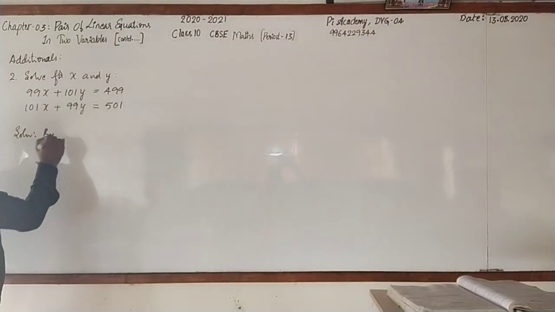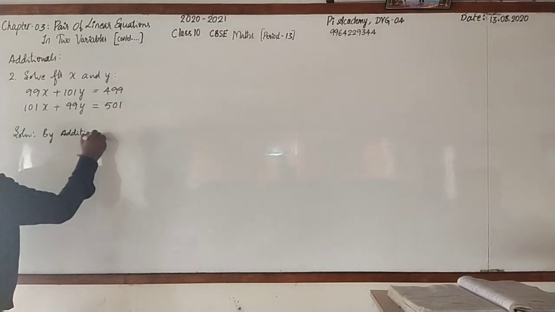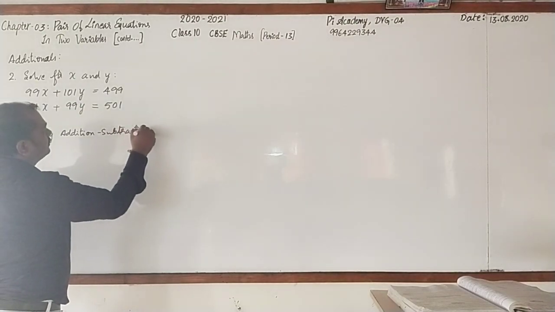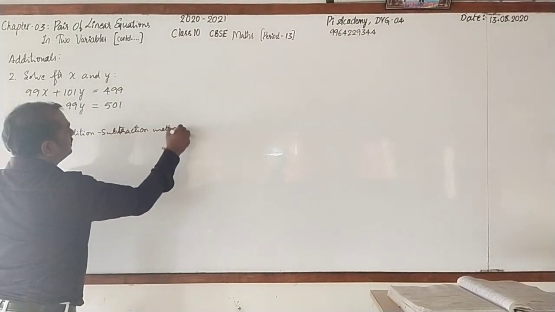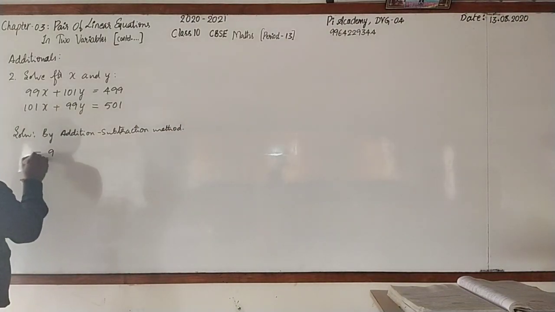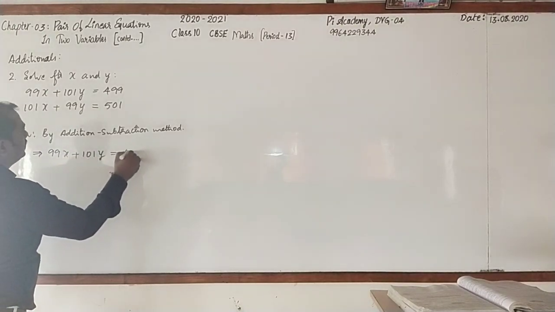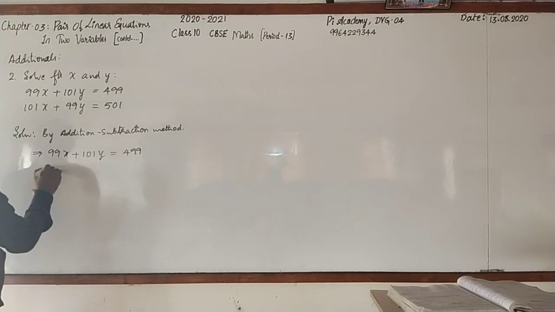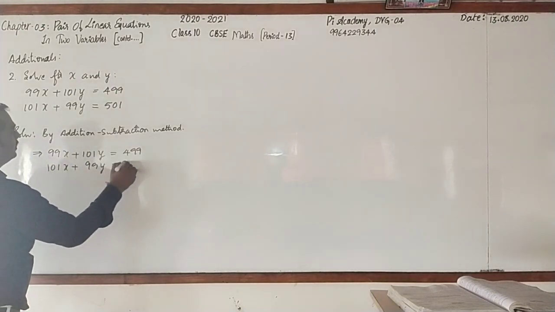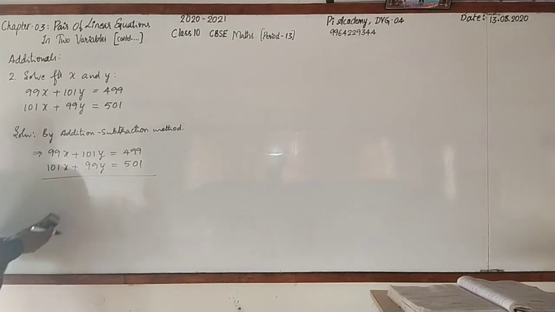Please write with me: 99x plus 101y equals 499, and 101x plus 99y equals 501.